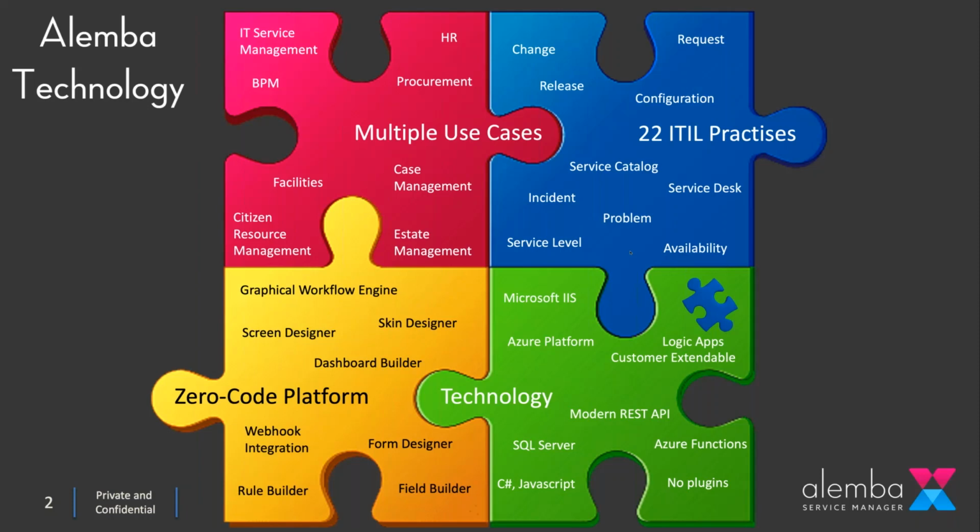Now we use that platform to support the 22 ITIL practices in ITIL 4, such as service level management, incident management, problem management, configuration management, etc. And we then use a function in our tool called partitioning, which we'll talk about in more detail, to allow you to apply those processes across the enterprise management estate.